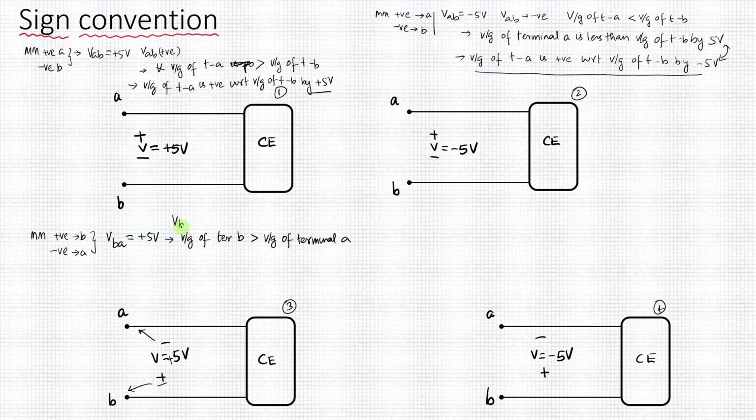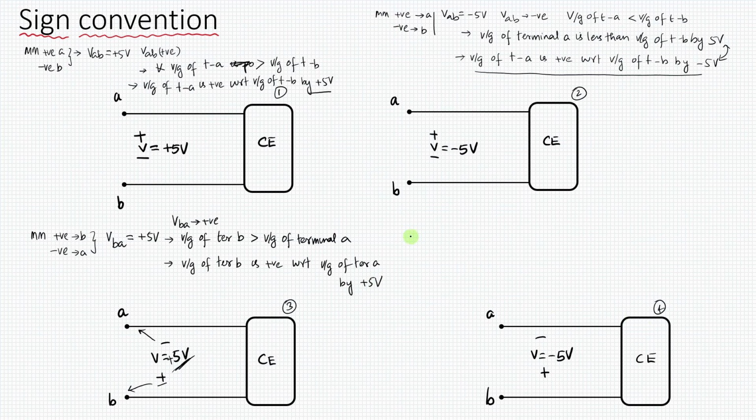Because VBA is positive. Or I can write it like this: the voltage of terminal B is positive with respect to the voltage of terminal A by plus 5 volt. All these things we have seen in the previous videos.